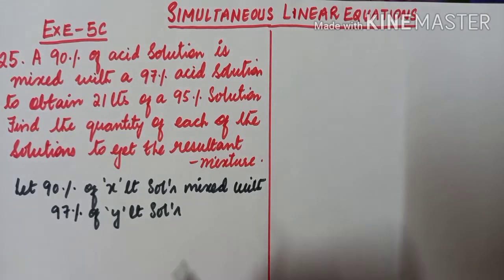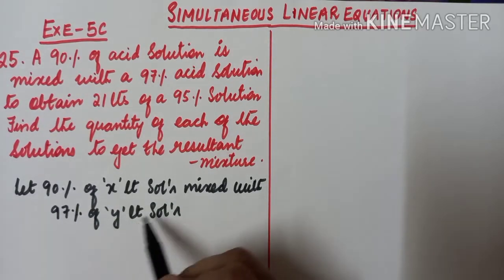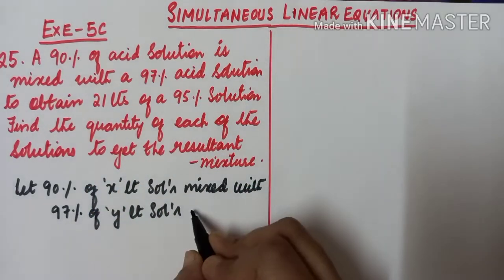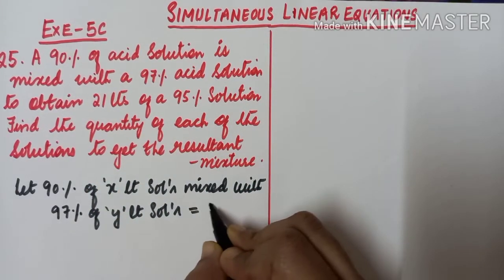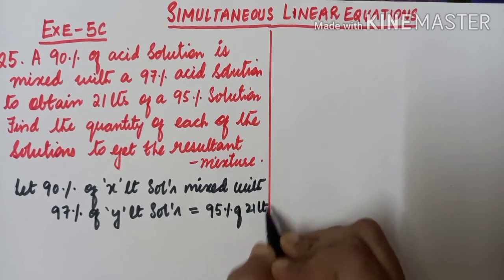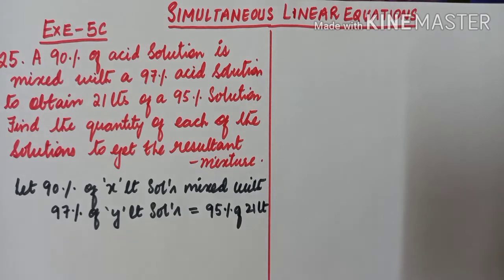So when we mix these two, we are getting 21 liters of a 95% solution, that is, 95% of 21 liters. In the hint itself, equations have been given. So x plus y equals 21 is also given.